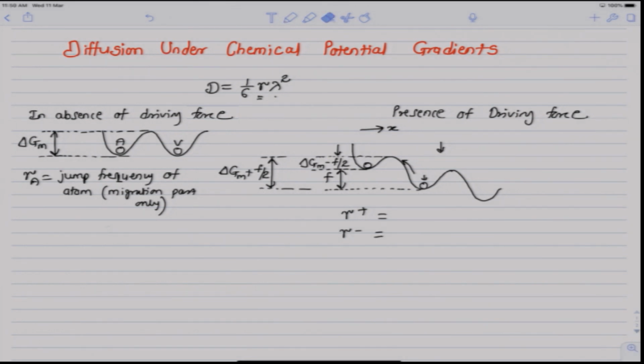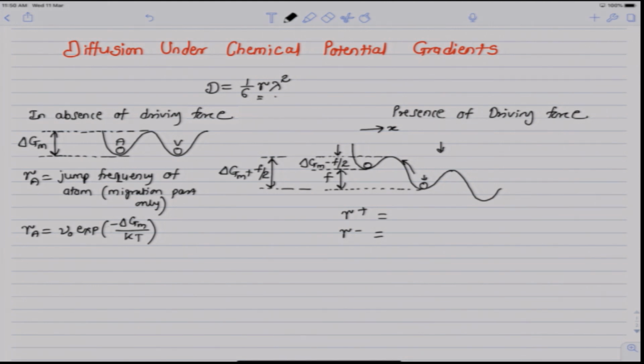In the absence of driving force, gamma A is given as gamma A equal to nu 0 exponential minus delta Gm by kT, where nu 0 is the Debye frequency, the number of times an atom vibrates per second.